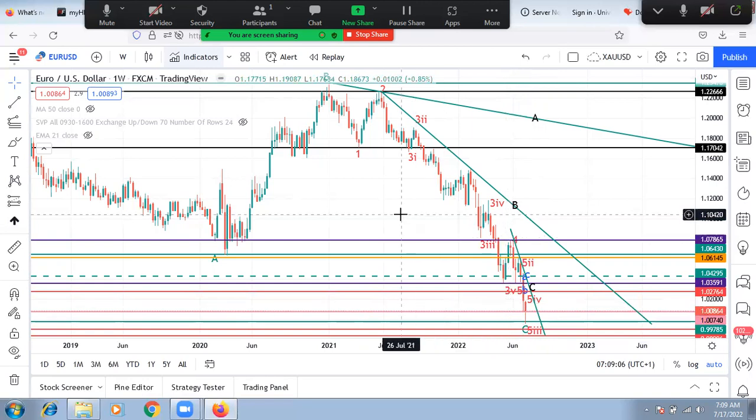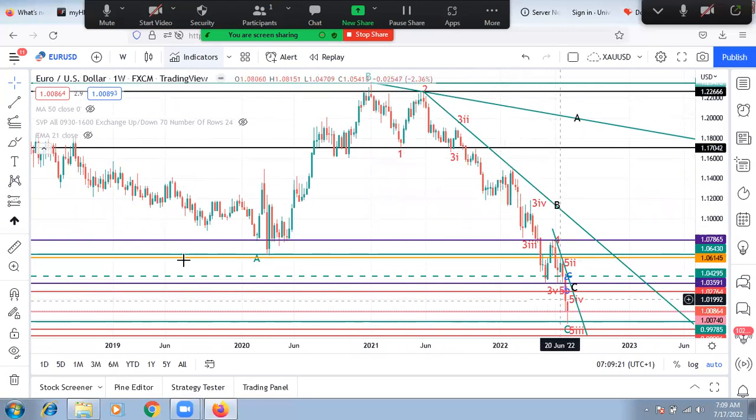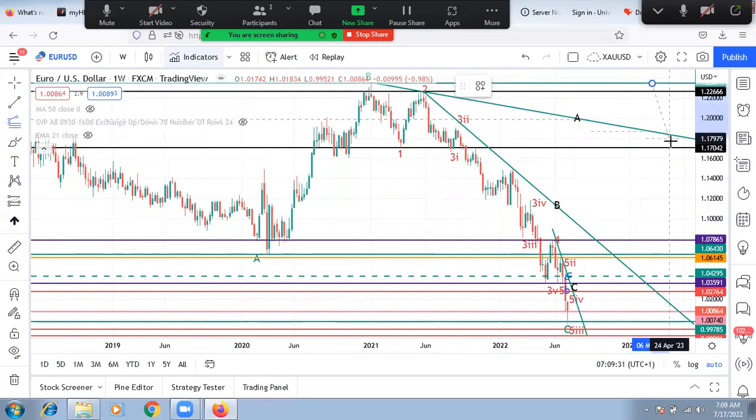To answer that question, one of the things we can do is look at this rally itself and say, if this one is 1 and this one is 2, what extension do we have here? Because we can't say wave 3. It might be that wave 3 is not completed.